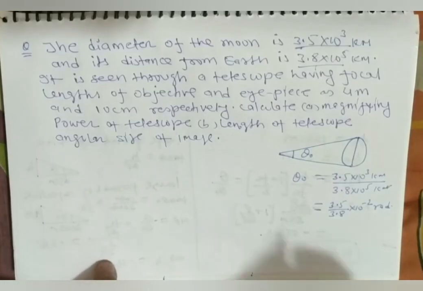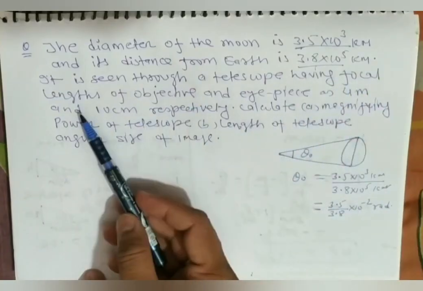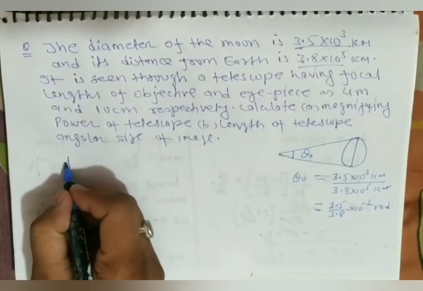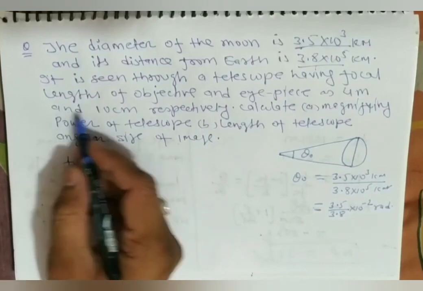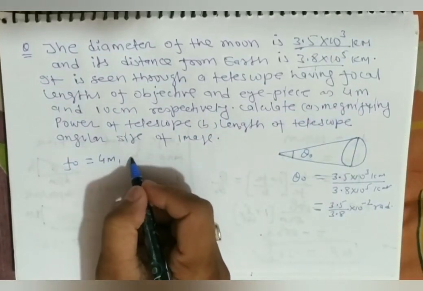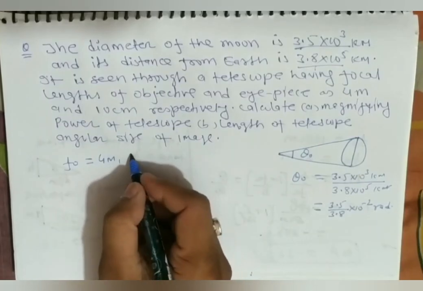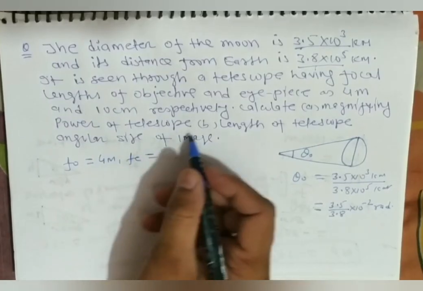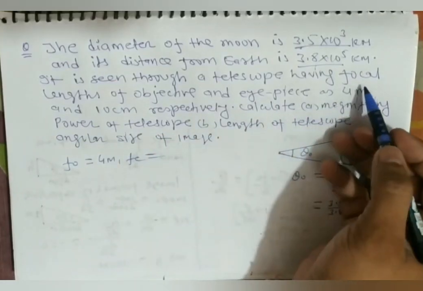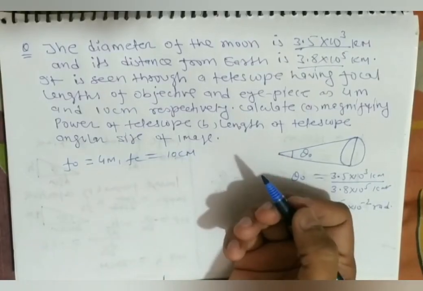Now it is seen through a telescope having focal length of objective, that is f naught, f naught is 4 meter and fe is 10 centimeter. 4 meter and 10 centimeter. Okay.